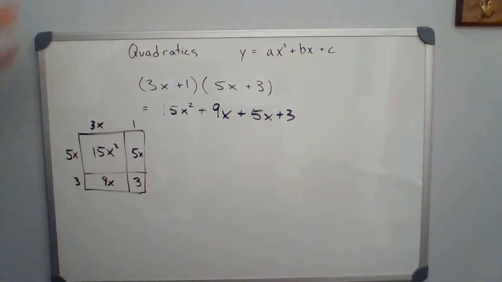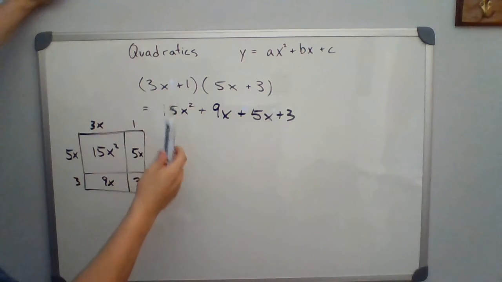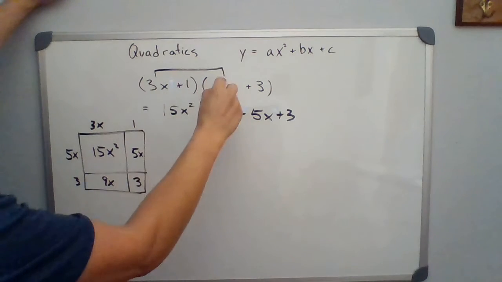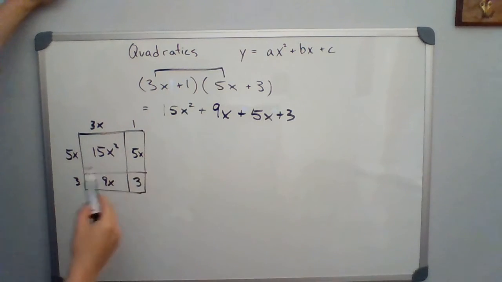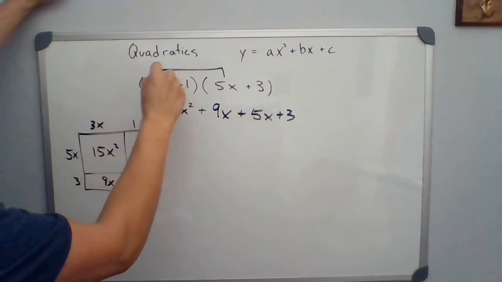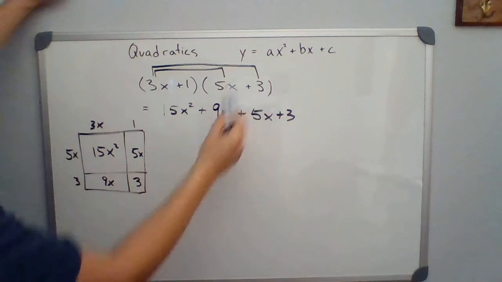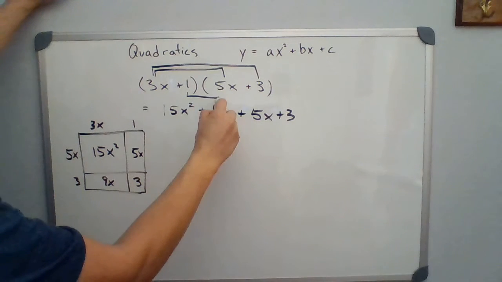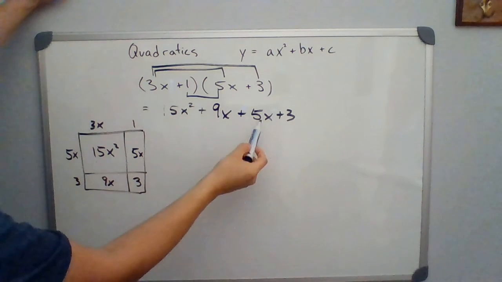And really, my whole point is I want to show the pattern that we're doing here. We're taking the first term and multiplying it by the first term to get that first term there. And we're taking the first term, multiplying it by the last term to get the second term there. And then we're taking the middle terms and multiplying those to get that one.